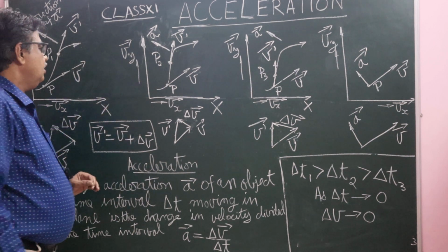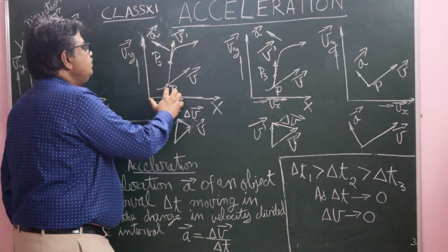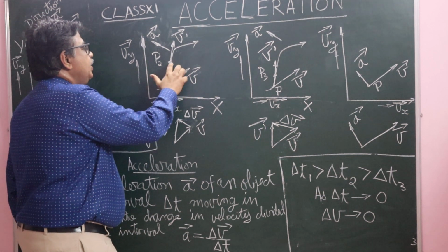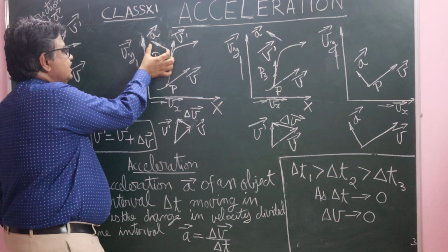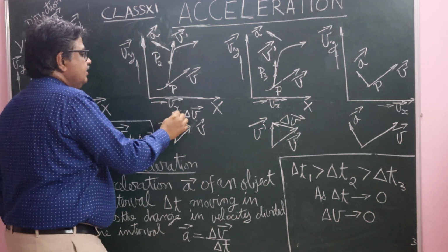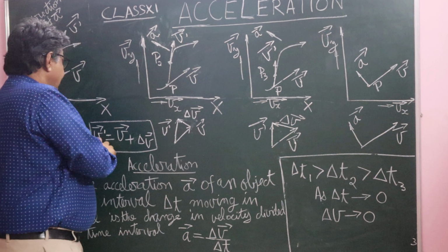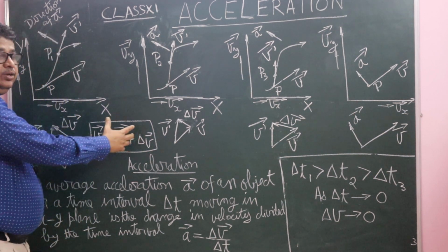Here also, the object is at point P2, and v dash vector is the final velocity. Direction of acceleration is in this direction. Here v dash vector equals v vector plus del v vector, the same triangle of addition.